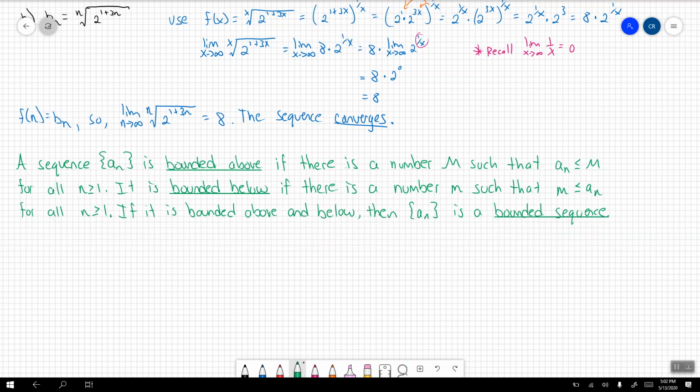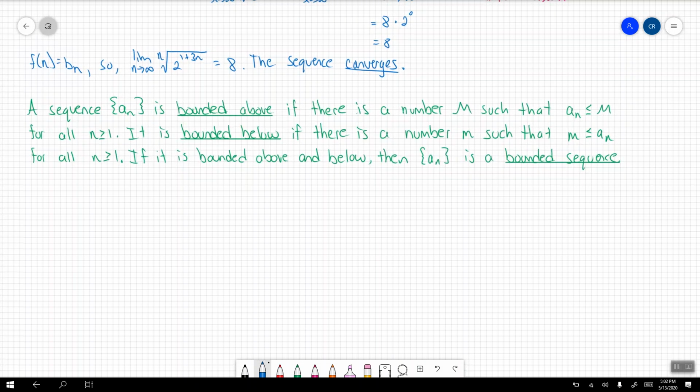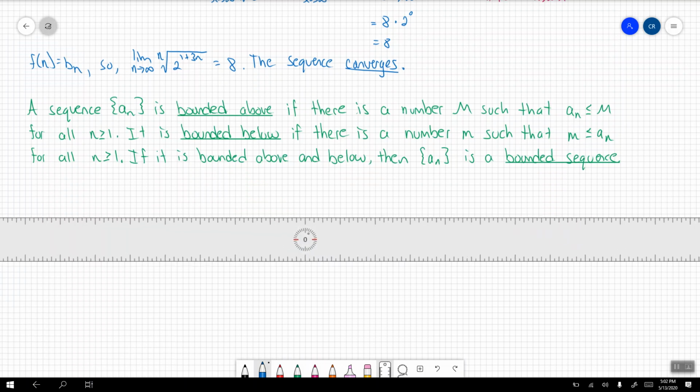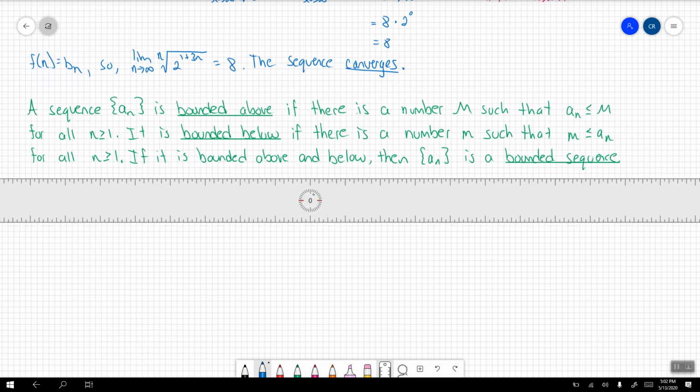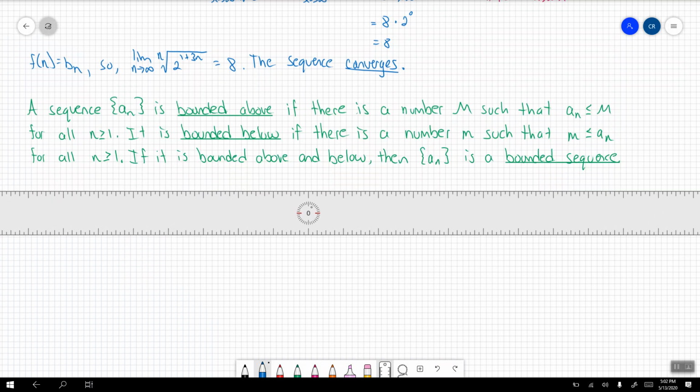We're talking about these definitions because we're going to be using this one theorem, the Monotonic Sequence theorem.